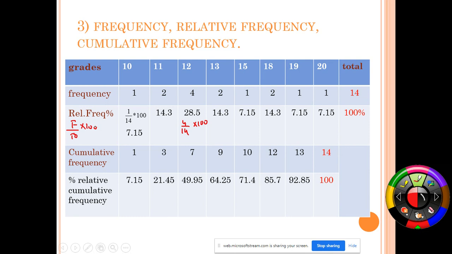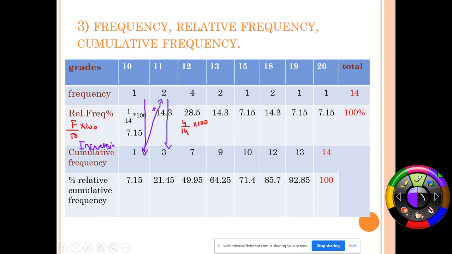Now if they ask me about the cumulative frequency, we can also see the word increasing cumulative. You can see the same cumulative frequency, or you can see the word increasing cumulative frequency. It's the same. I take the first one as it is, 1, and then I add 1 plus 2, which gives me 3.